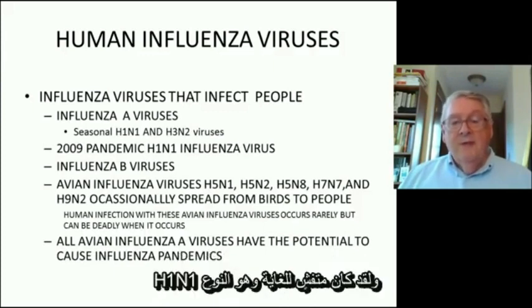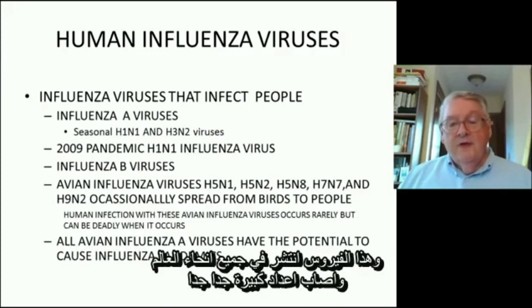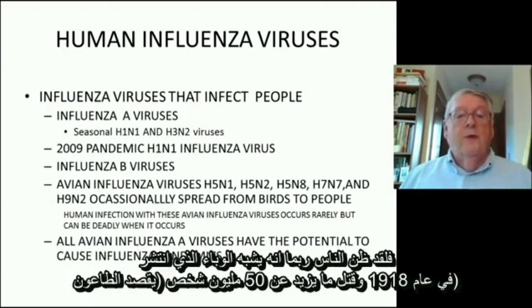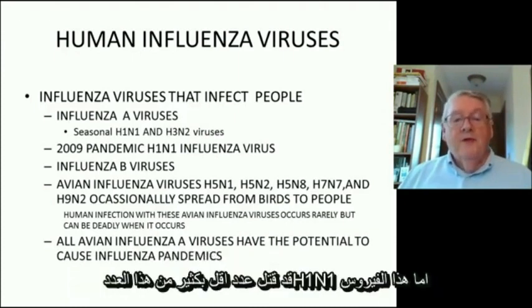It was an H1N1, and this virus spread throughout the world and caused very large numbers of infections. It wasn't quite as bad as people worried about. People thought maybe similar to the 1918 pandemic, which killed approximately 50 million people. This H1N1 probably killed a much smaller number of people.